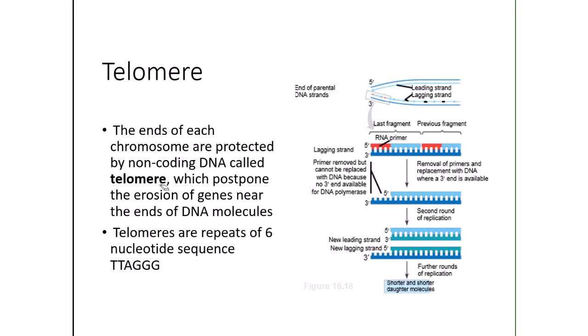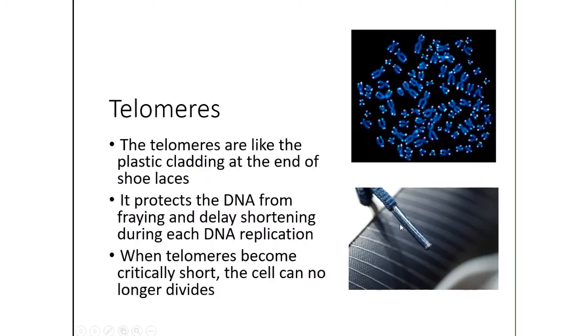Okay, so telomeres are just repeats of 6 nucleotides. Okay, it's like TTAGGG, and then it's just going to repeat itself. So another TTAGGG, TTAGGG. It's going to repeat a couple hundred times, perhaps. And the telomeres serve kind of like the plastic cap at the end of your shoelace, right?